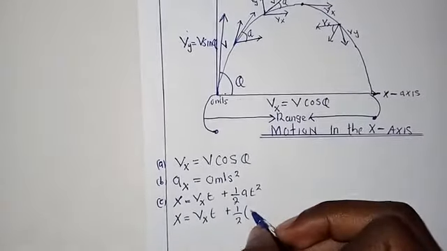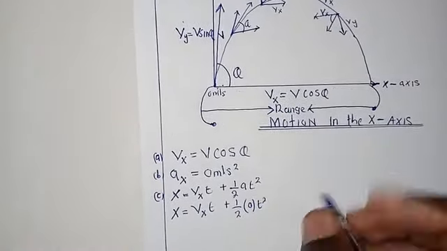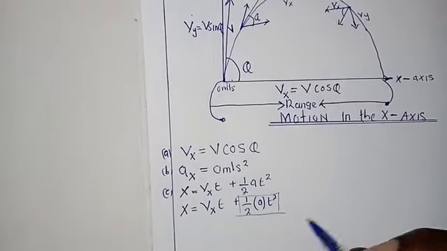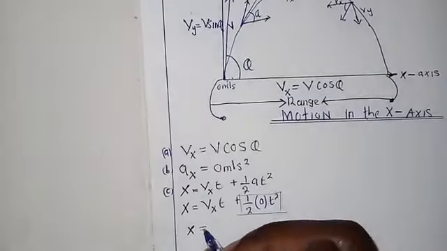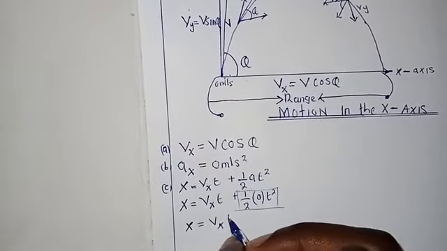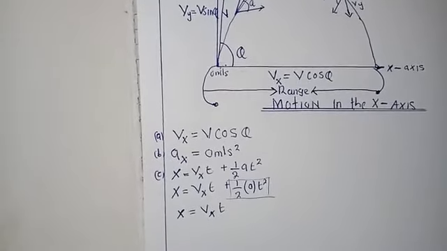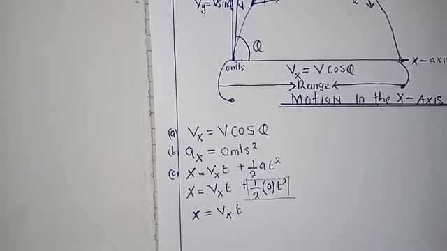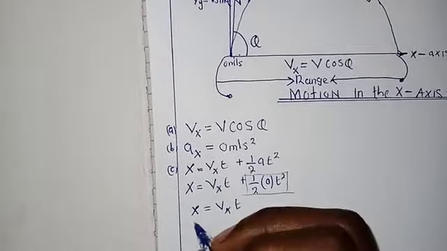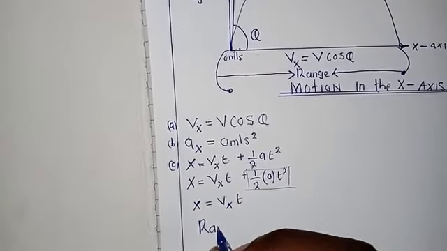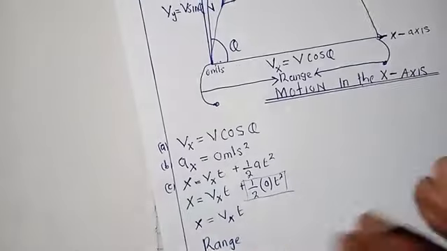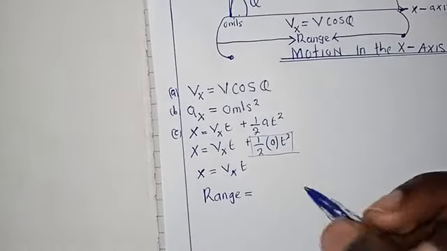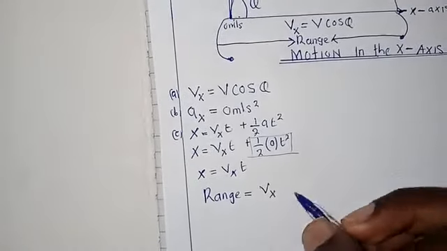So I can put my 0 here. Then everything is going to become 0 here. Therefore, x is going to equal Vx multiplied by t. Now, this formula is what you use to find the range. Therefore, you can say that the range is going to equal Vxt.